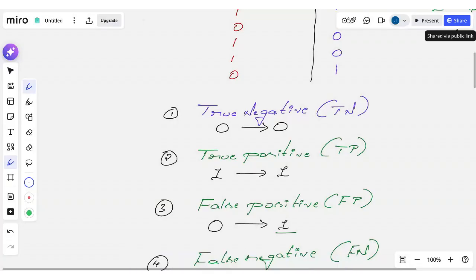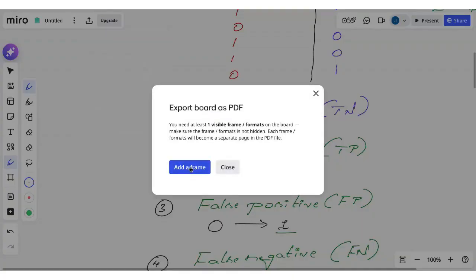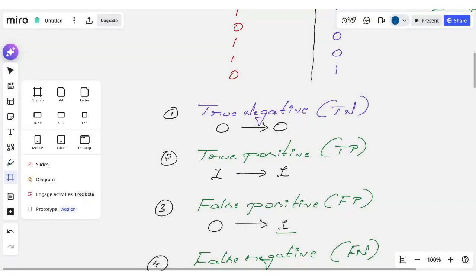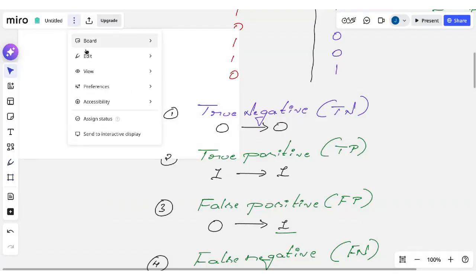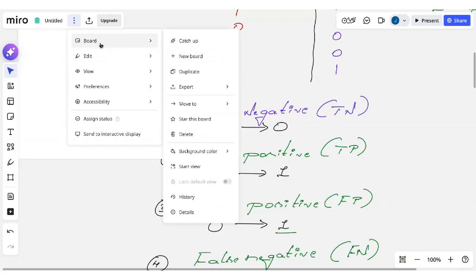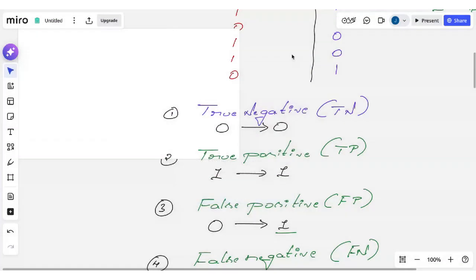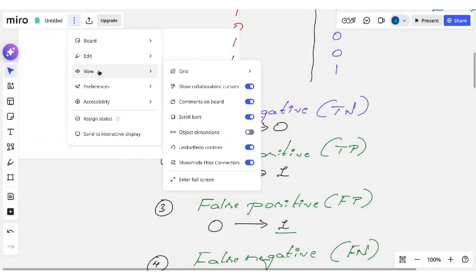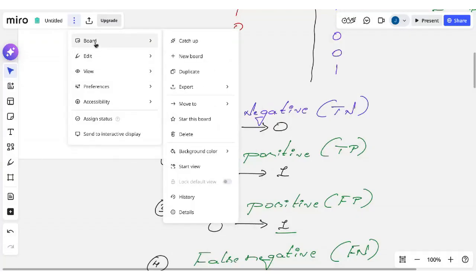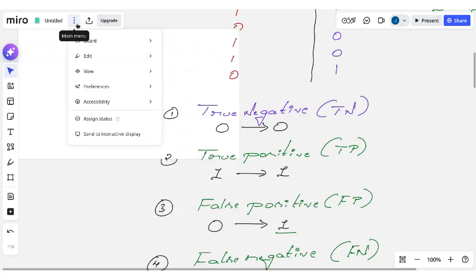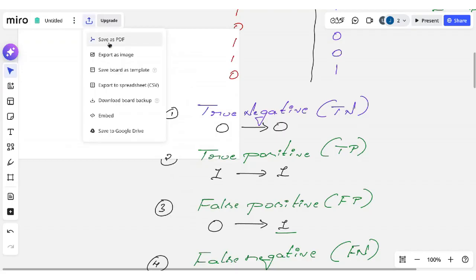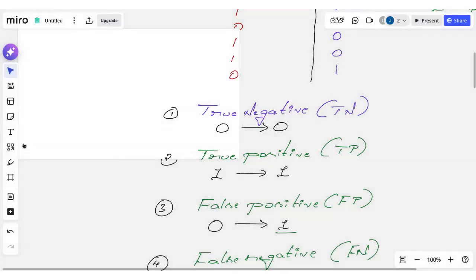Just check. I'll share a link. Is it accessible? Yes, it's accessible.